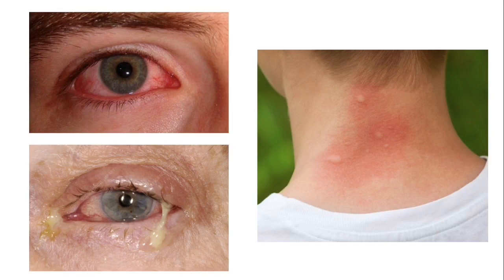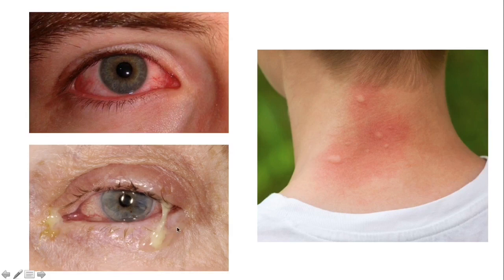Okay, so have a quick look at these images and see, have you ever experienced any of these? I'm sure you have. If you look at the left side, you can see that the eye is very, very red. And if you recall the experience yourself, you might remember that when you woke up in the morning, you noticed that your eye was really sticky, kind of difficult to open because there was this yellowish exudate sticking at the edges of your eye.